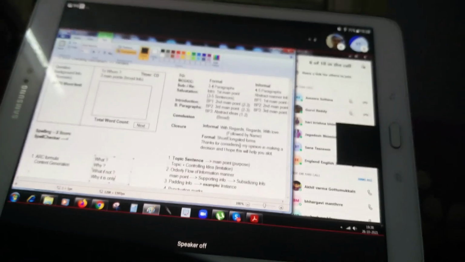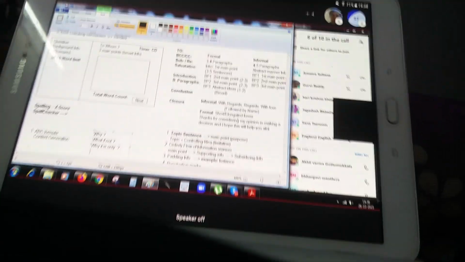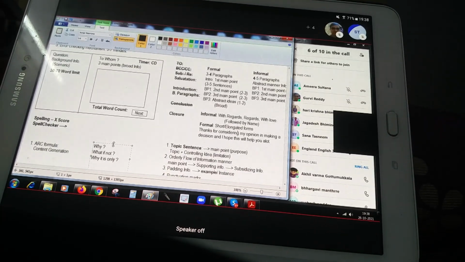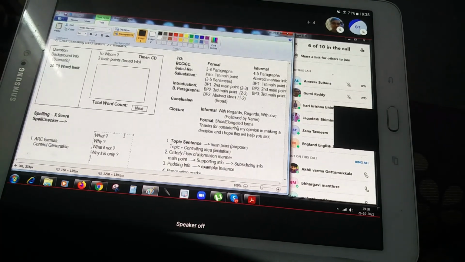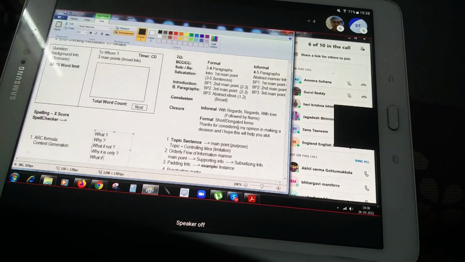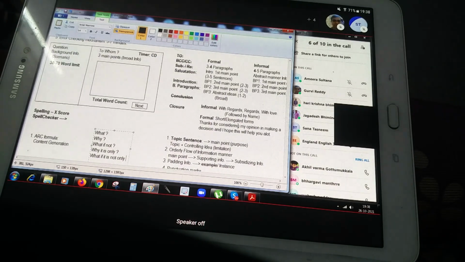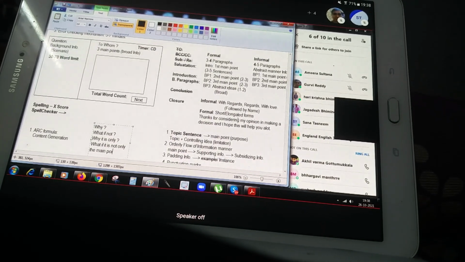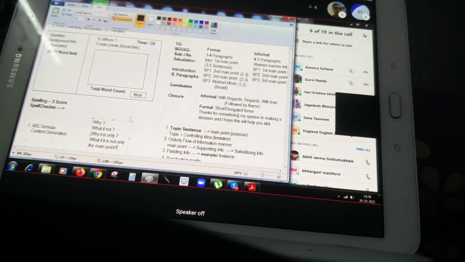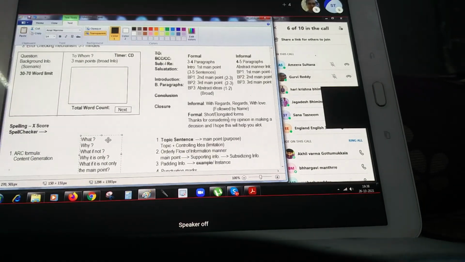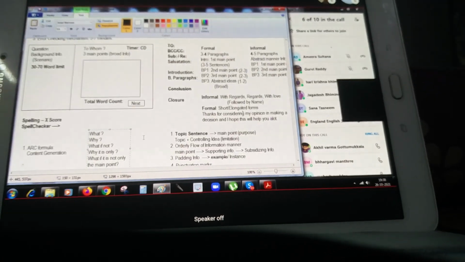It is only the main point. If it is not only the main point. These are all the questions we need to ask ourselves, these 5 questions, in terms of generating the content clearly and in a comfortable manner.